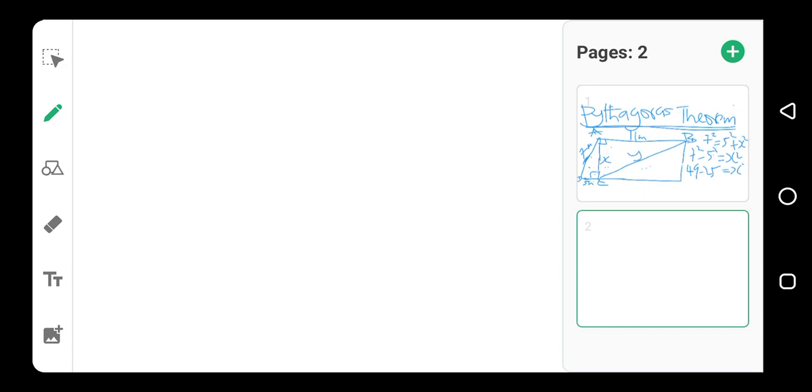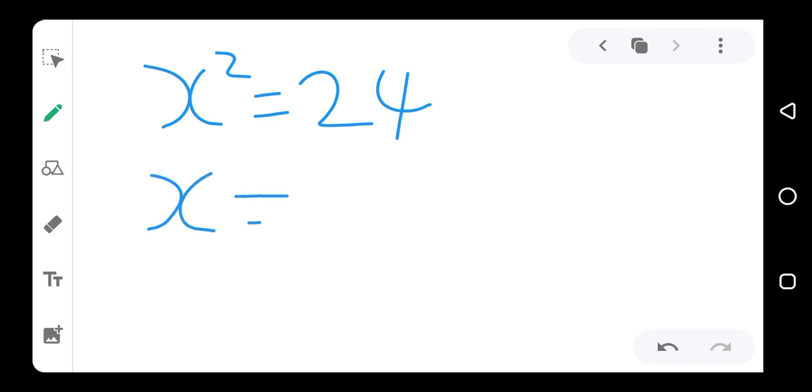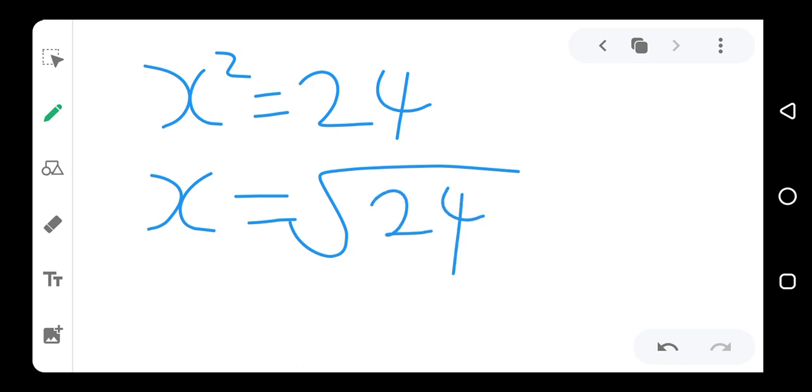Now, assuming x squared is equal to 24, then x is equal to root 24.